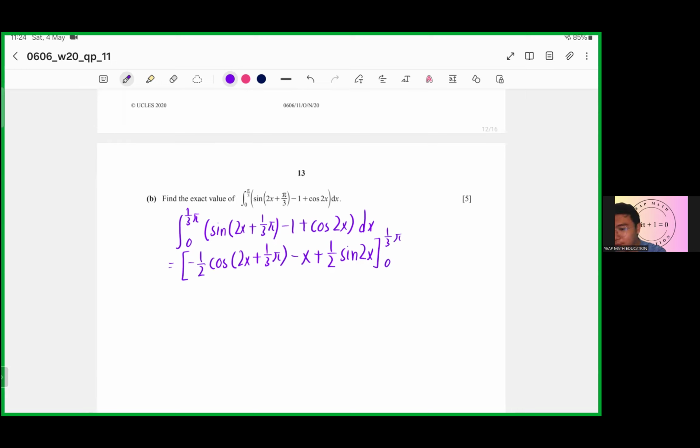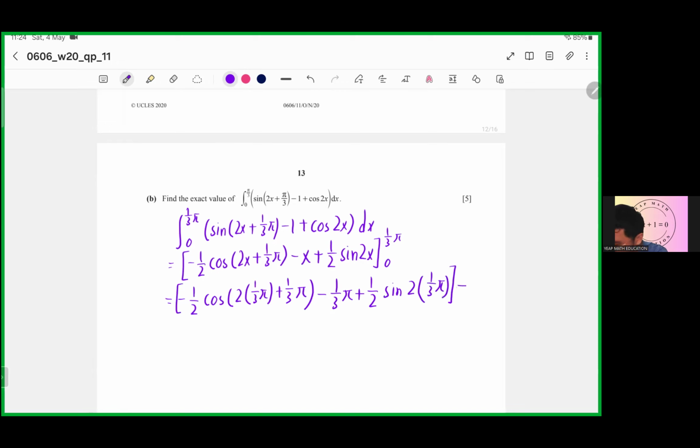Now we just put in the values: negative 1 over 2 cos(2 times 1 over 3 π plus 1 over 3 π) minus 1 over 3 π plus 1 over 2 sin(2 times 1 over 3 π).